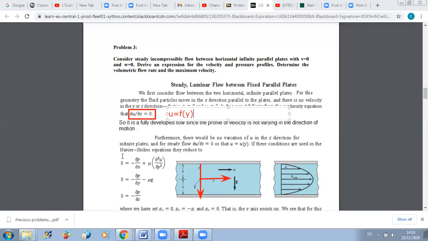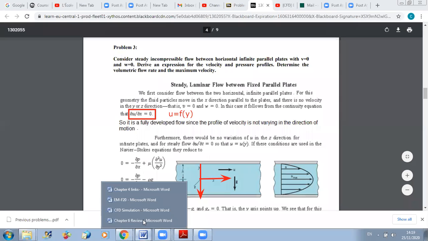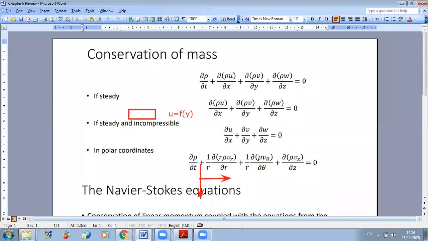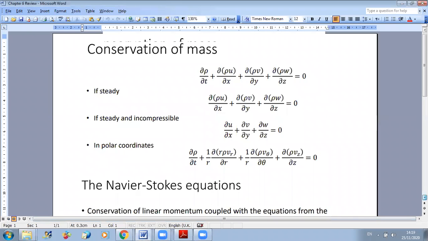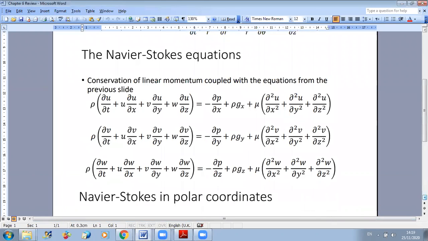Since I'm working in Cartesian coordinates, X, Y, and Z, I will go to my formula sheet now and apply these relations here. Let us go down. So now I can write my relations and start to simplify. Okay, I have a steady application, so this term is 0.